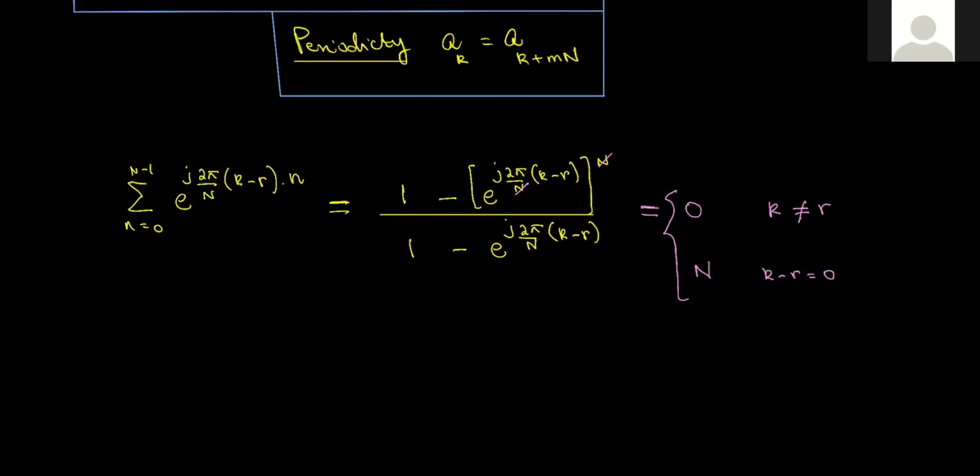Yes sir, I said k minus r is equal to capital N. Excellent, fantastic. So actually this condition is more general. This is because of periodicity: any integer multiple of n, where m is an integer.